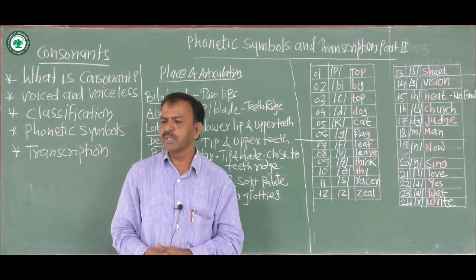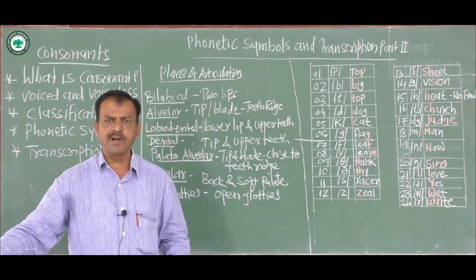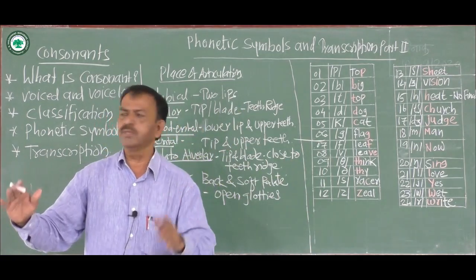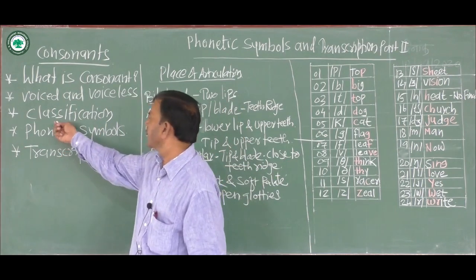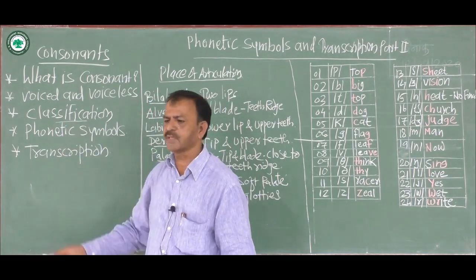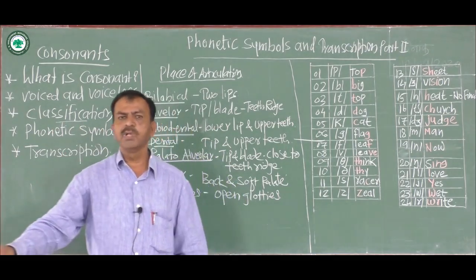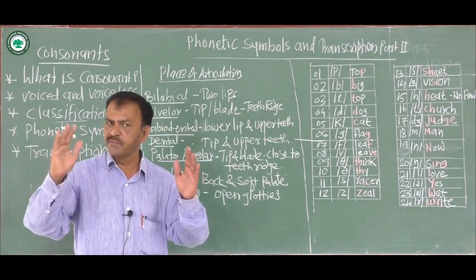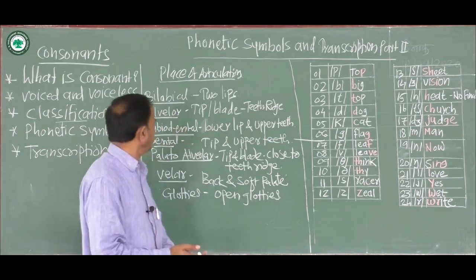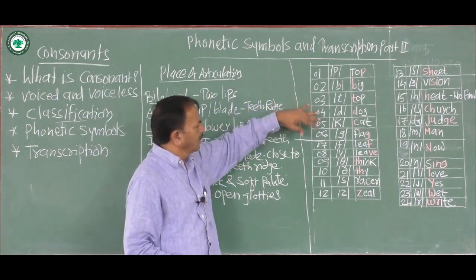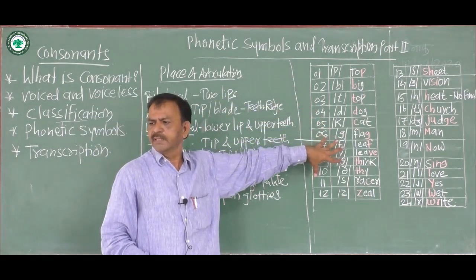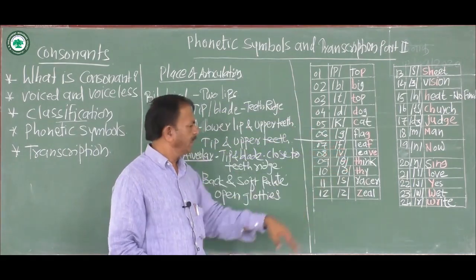Now I come to the next classification of sounds. We are studying the classification of these sounds. They are known as the fricative sounds. So the next group has nine.